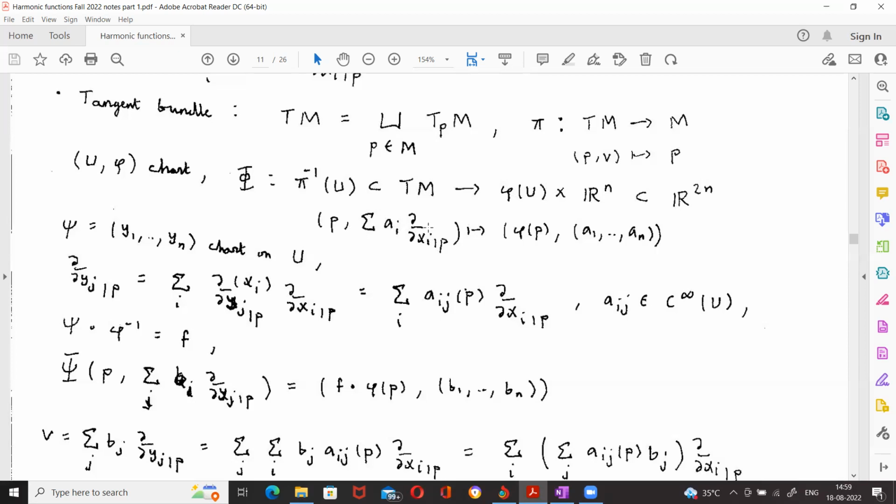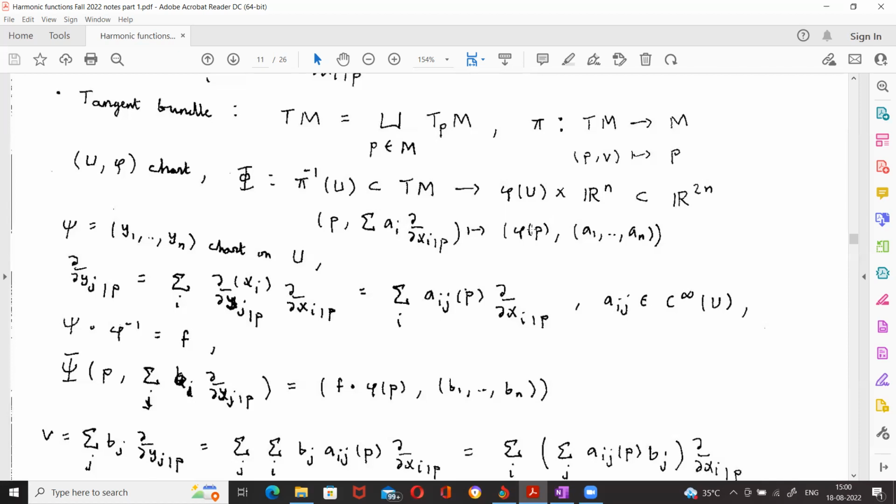P goes to phi of P, and this summation ai del/del xi at P goes to just the vector a1 to an in Rn. This will map onto all of phi of U cross Rn, because as you range over the tangent space, the a1 to an will range over all of Rn. So this is an open subset of R2n, and this map is a bijection.